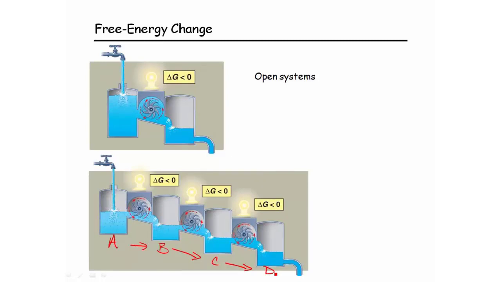So these reactions are basically feeding one into the next, and way back we do have some inputs into our body, and at the very end we have some outputs there as well. So open systems will be living organisms.